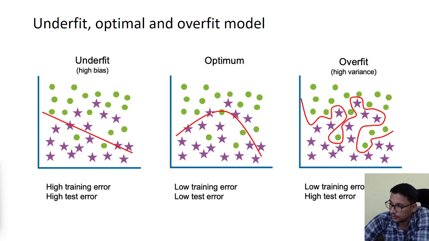Okay, and if we try to make our model more complex than our problem, then it could be the case of overfit. Here the model can perform well in the training process but not in the test process. That's why we try to maintain the optimal solution for our problem.